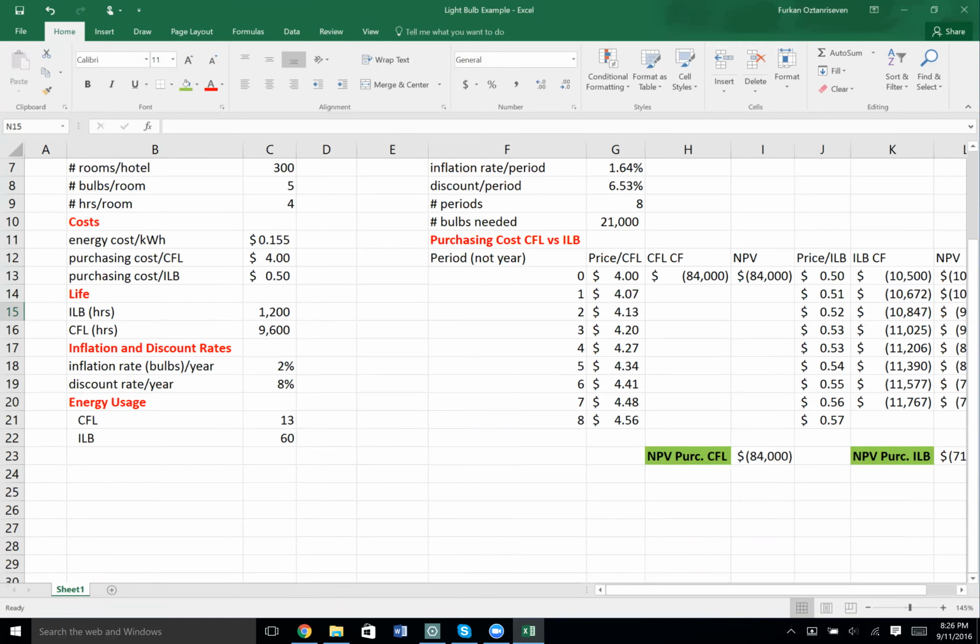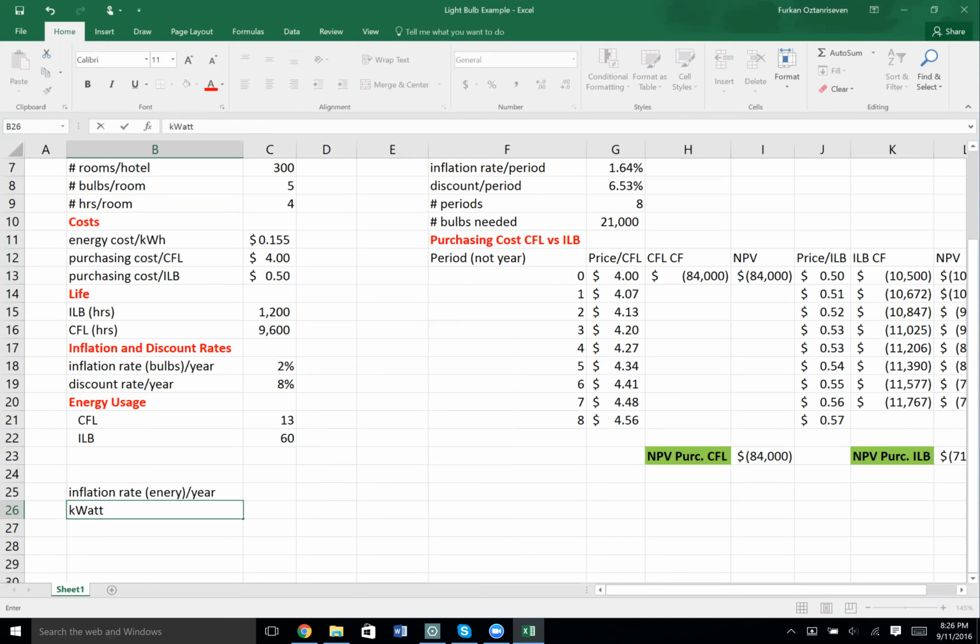Okay, let's get started. So we have a few different pieces of information that we need, and one of them is the inflation rate for energy per year, and the conversion rate from kilowatt hour to kilowatt to watt.